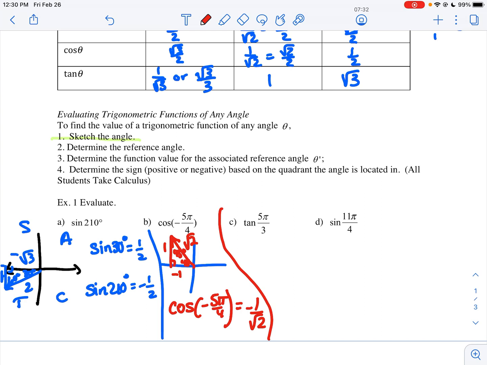All right. So what I want you to do now is try letter C on your own. Tell me what you get.